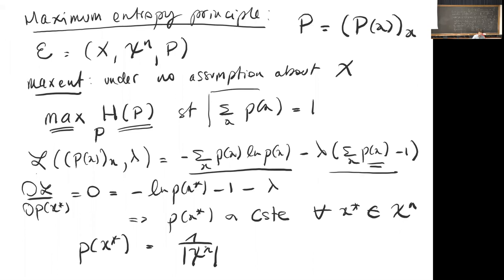So this Lagrange function here is concave in each parameter px. So the only possible optimum of a concave function, first it is unique, it has a single one, and it has to be a maximum. So instead of writing optimum, I can directly write maximum.